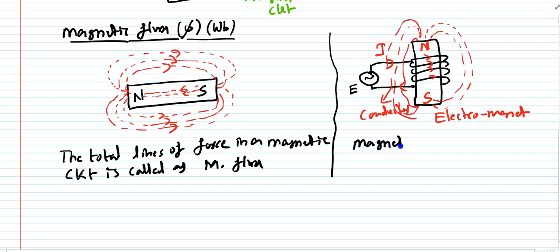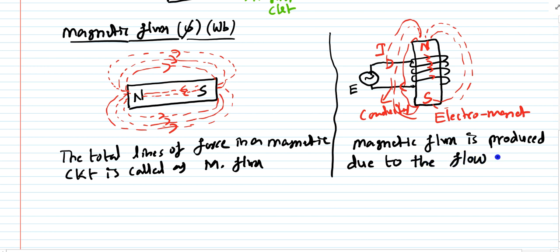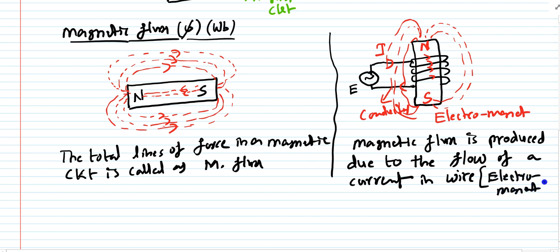The magnetic flux is produced due to the flow of current in a wire. A wire is nothing but a conductor, or you can say it is an electromagnet. So this is also a definition.